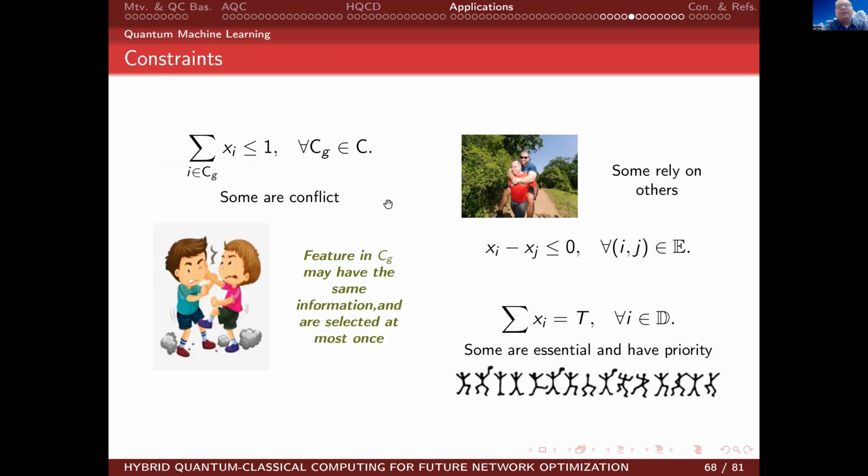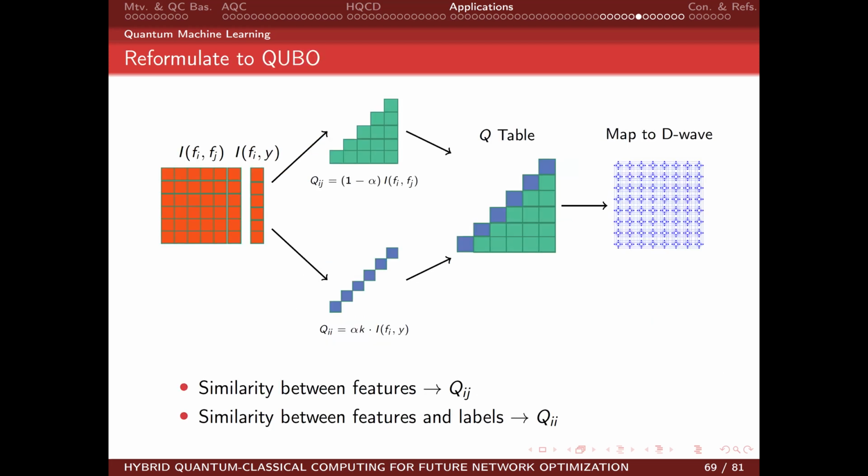So you can see all these relationships are binary relationships, right? We only use the binary optimization model to represent this feature selection problem. And this binary programming model can be transferred to a QUBO model.